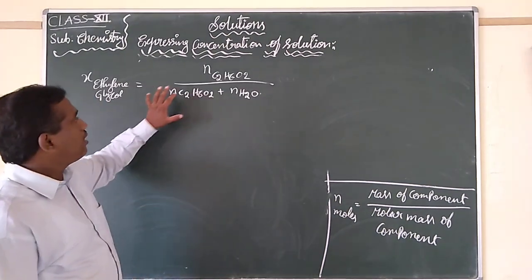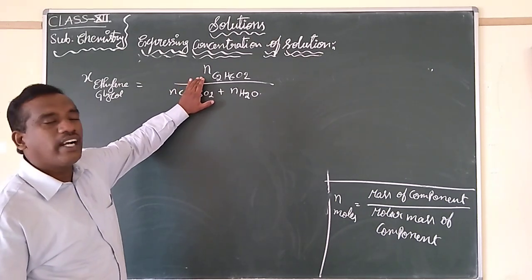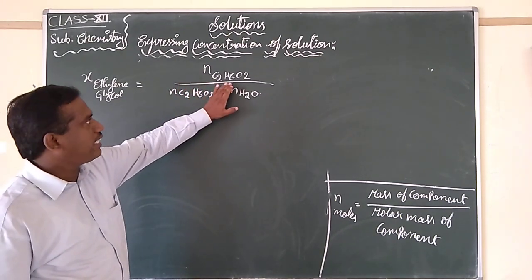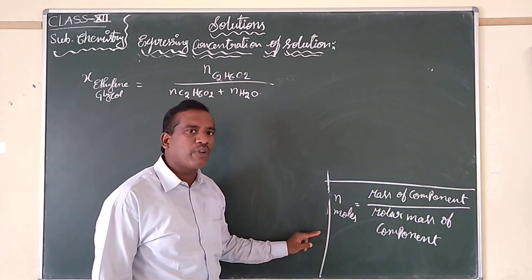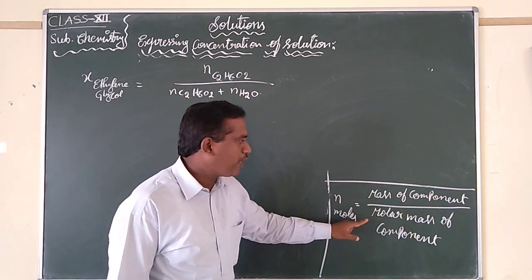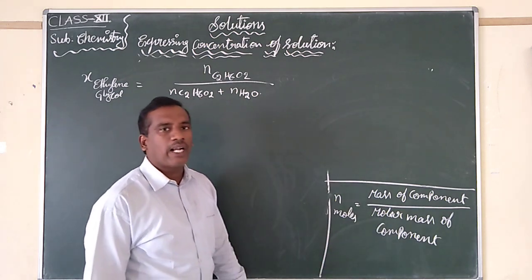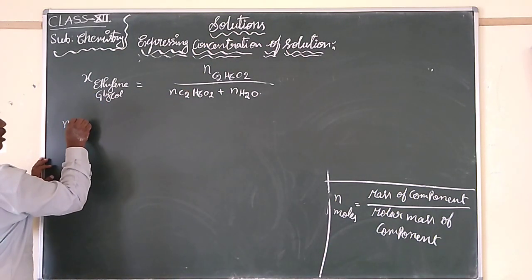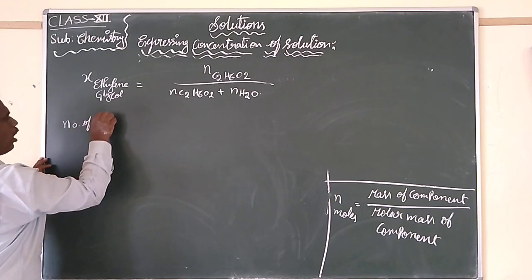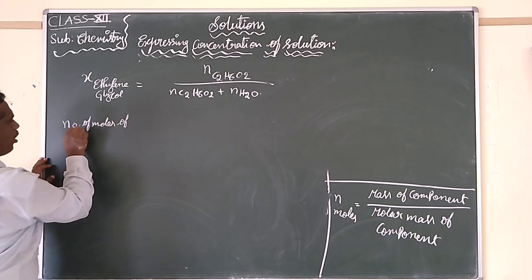Let us see how to calculate the number of moles of ethylene glycol. What is the formula to calculate number of moles of any component? Mass of the component by molar mass of the component. So let us first calculate the number of moles of ethylene glycol.